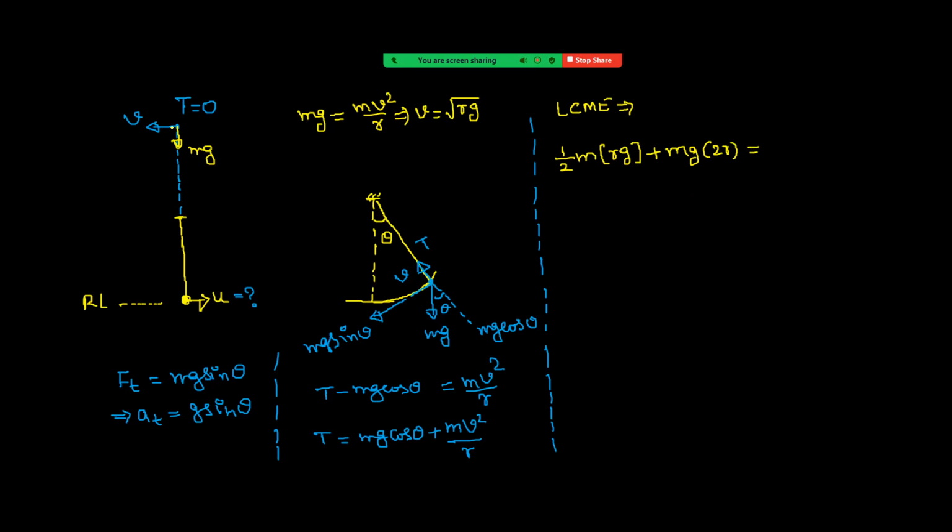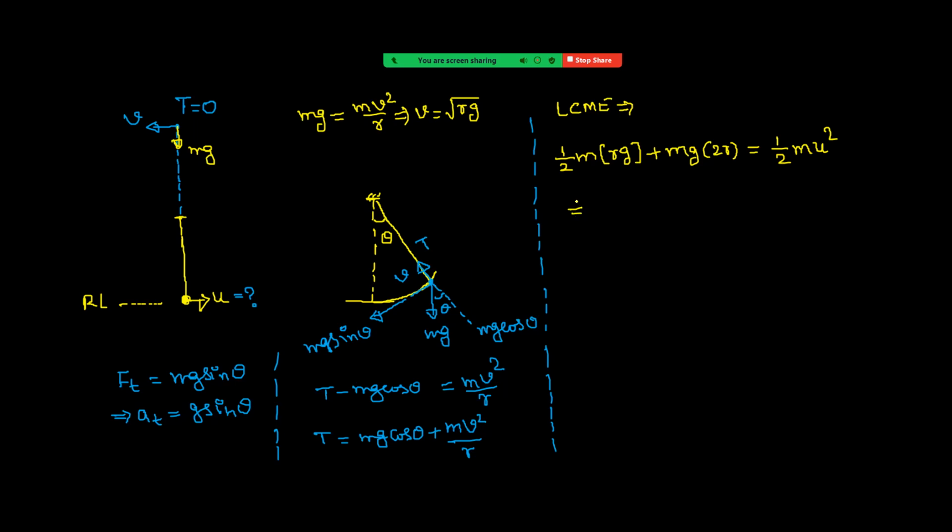Now, when the string becomes vertical, that means when the particle comes to the bottommost point, it is having only kinetic energy, because we have taken that as the reference level. So only kinetic energy, half m u square, where u is the minimum velocity that we have to provide.